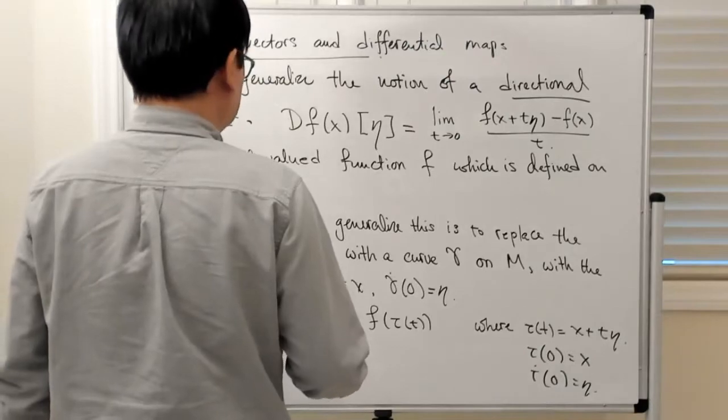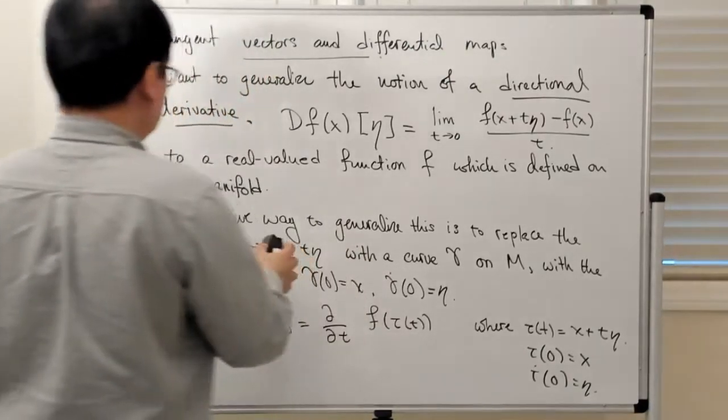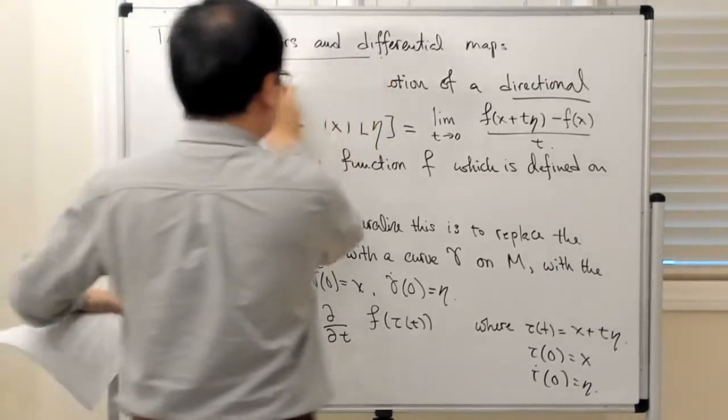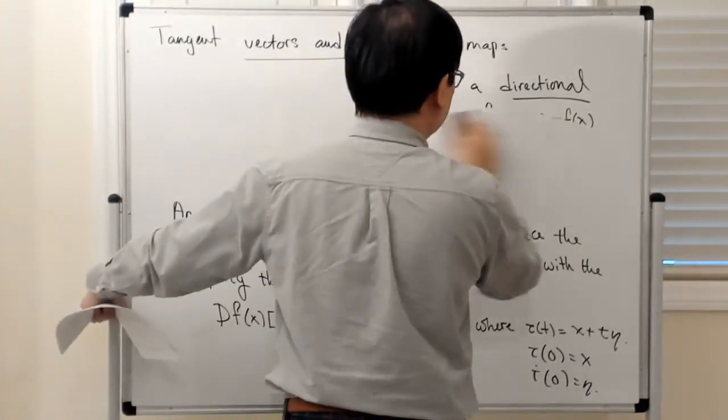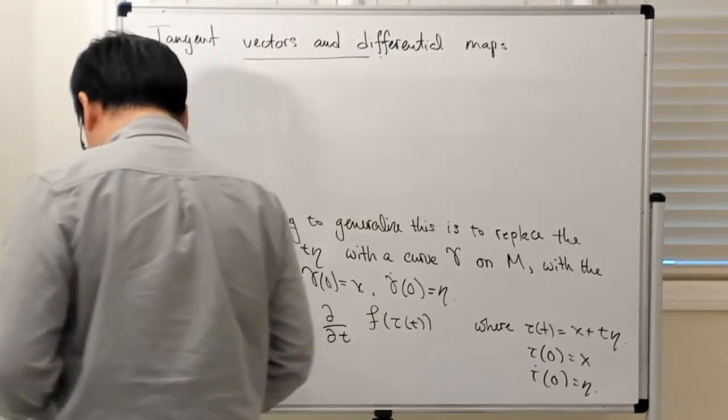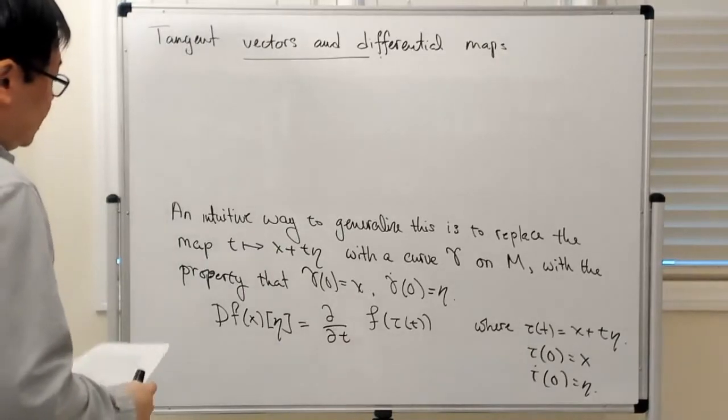Okay, so let me try to state it in a way which is easier to understand. In essence, the way you generalize a directional derivative so that it makes sense on a manifold is as follows.